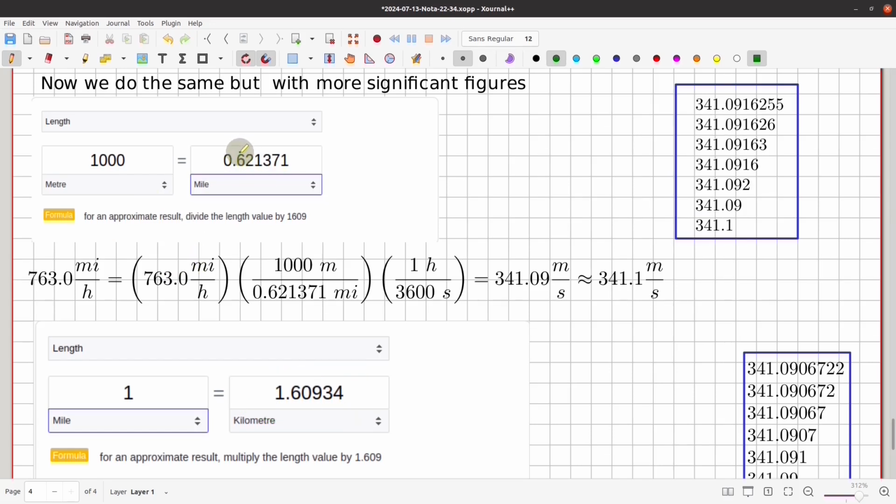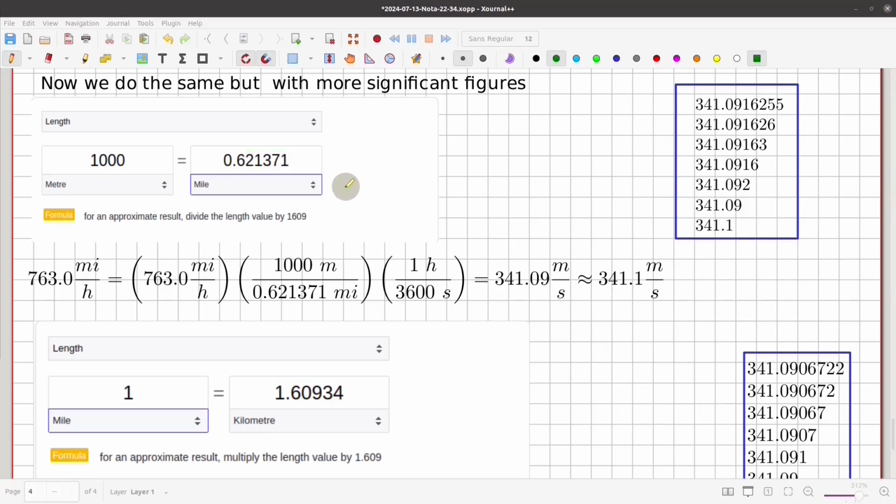Precision, in the context of measurements, usually refers to the number of decimal places, or how finely the measurement is specified. In this way, our two new conversion factors have the same number of significant figures, 6, but the mile to kilometer conversion has a different precision because it has 5 decimal digits compared to 6 in the meter to mile conversion.